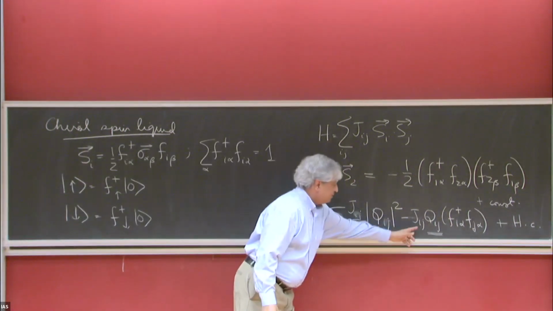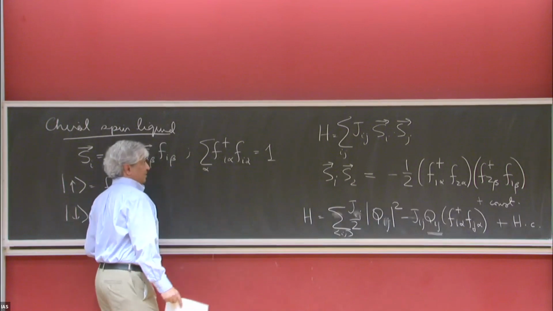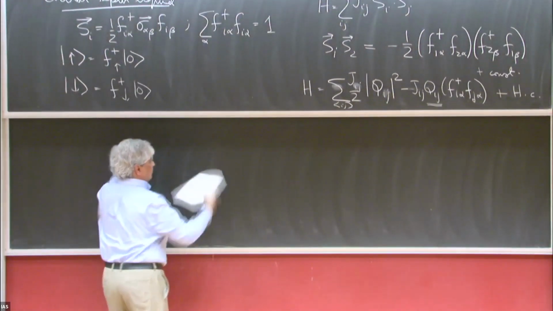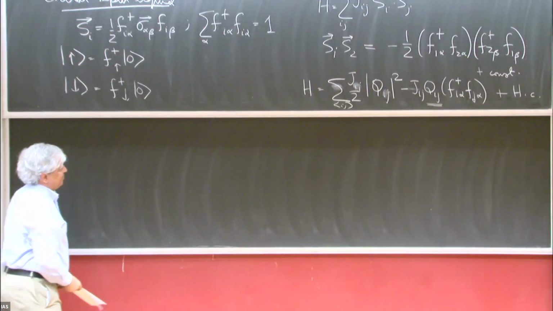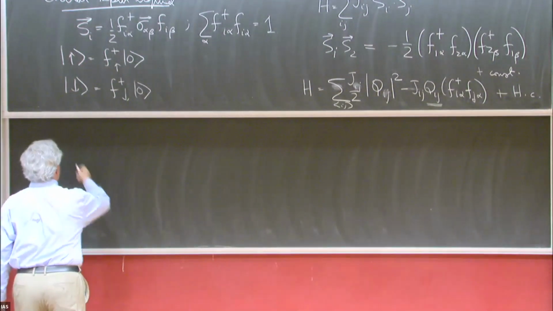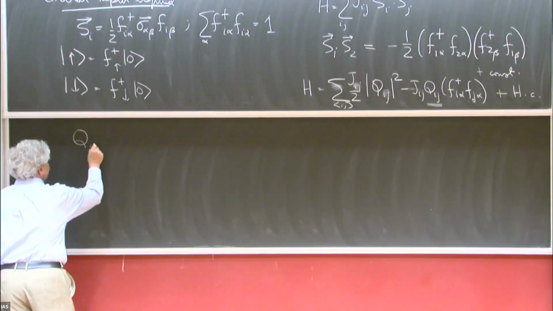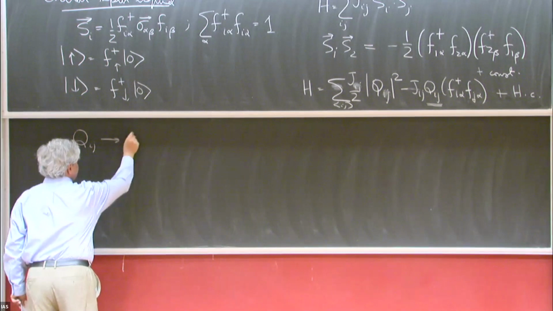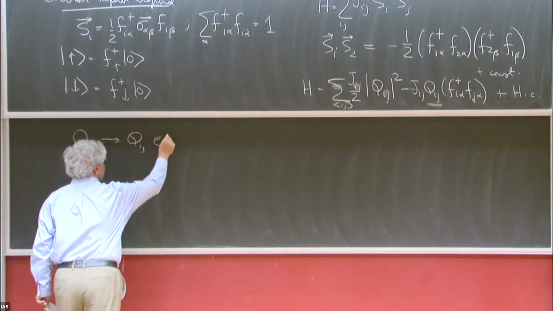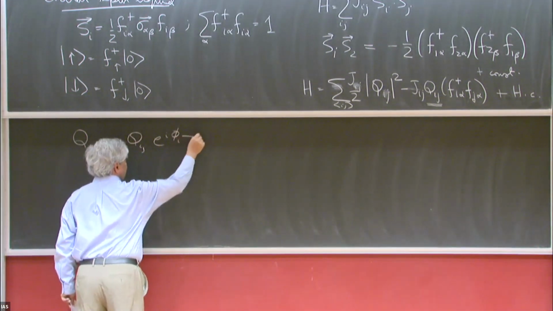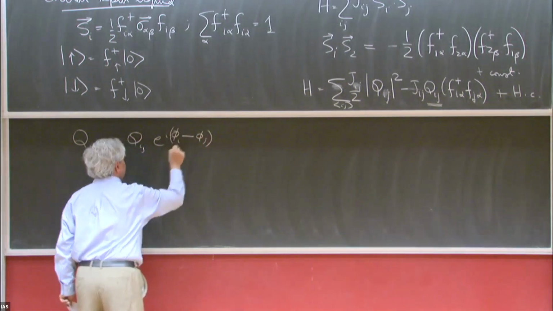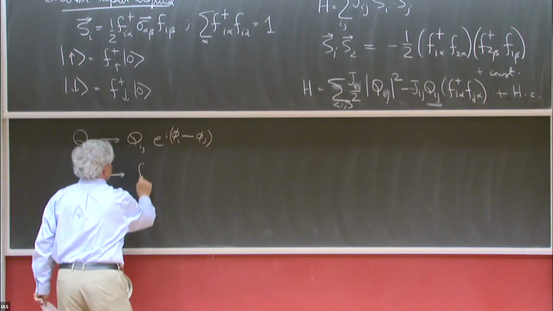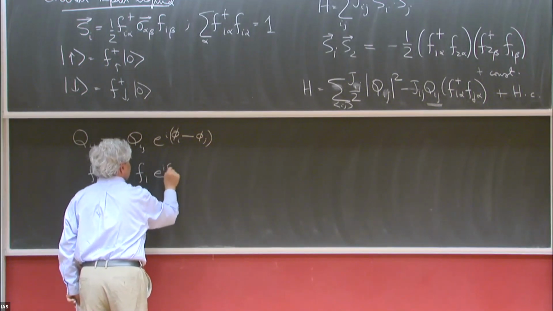Okay, what about the gauge field here? Here, the gauge transformations are very simple. And you might wonder why I didn't talk about this first. Well, really, because it leads to more complexity later. And okay, so in this case, the gauge transformations are Qij goes to Qij times e to the i (phi i minus phi j), and Fi goes to Fi times e to the i phi i.